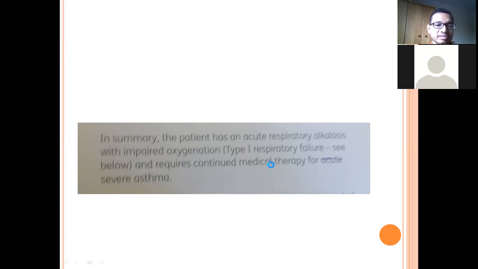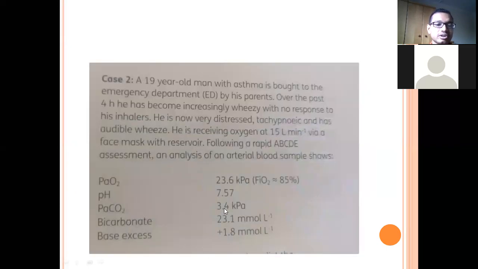Why is it type 1? Because the carbon dioxide level is not high. So what is type 2? When there is stagnation, an increased level of carbon dioxide, at the same time as hypoxemia, low oxygen level. This is not that, so it's not type 2, it's type 1, because the carbon dioxide level is not high.